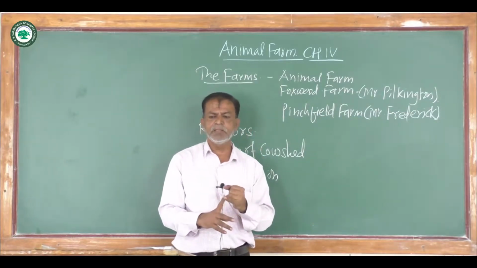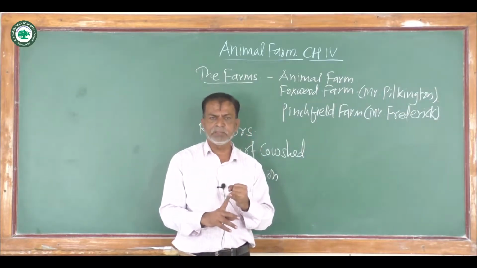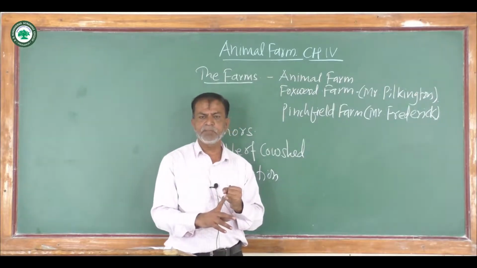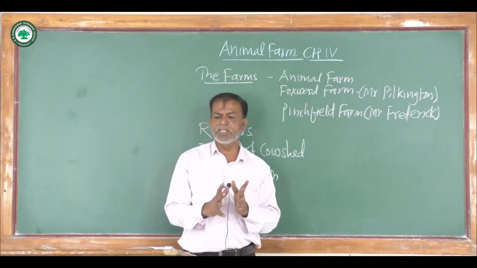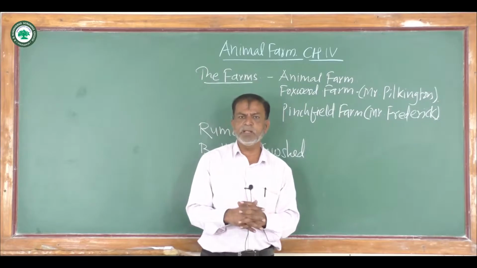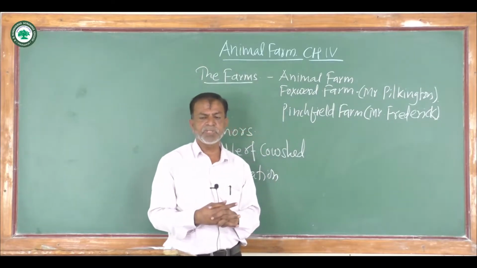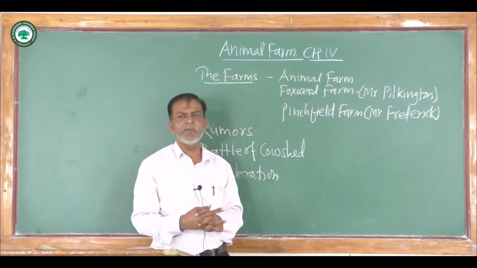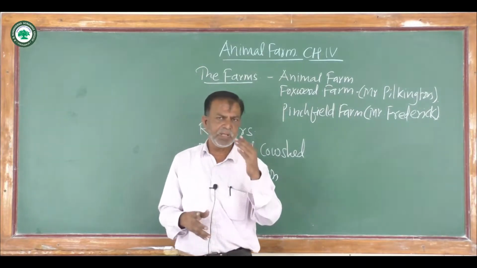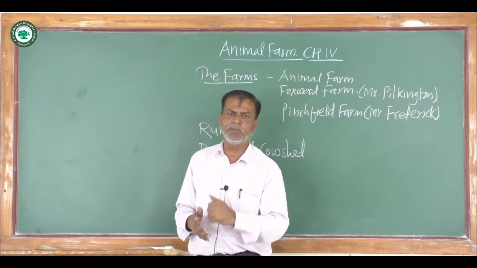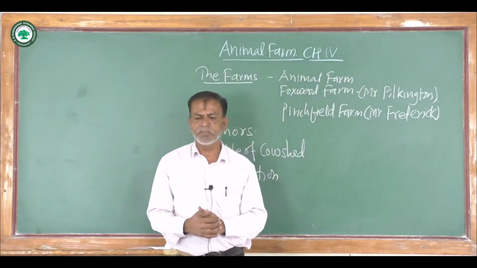Number 1 is October the 12th, which is the anniversary of the Battle of the Cowshed, and the second time is Midsummer Day, which is the anniversary of the Rebellion, when animals took charge of Animal Farm.